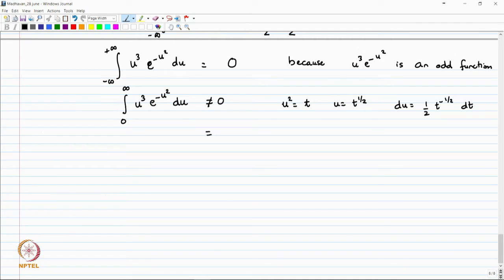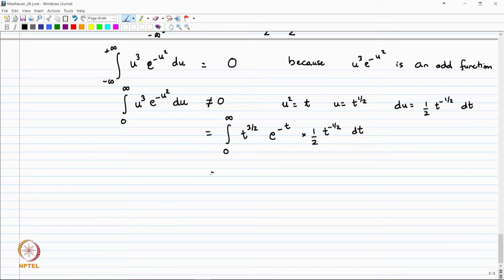Okay, and again the limits will be the same. So, I can write this as integral 0 to infinity. Now, u cube will be replaced by t raised to 3 by 2 e raised to minus t, and du is replaced by half t raised to minus half dt.